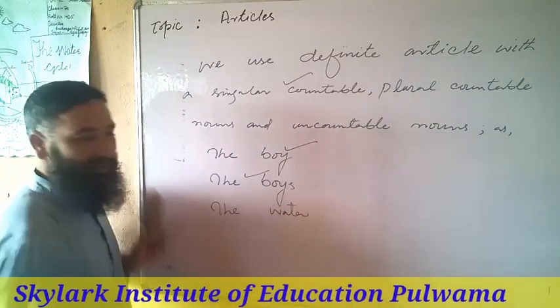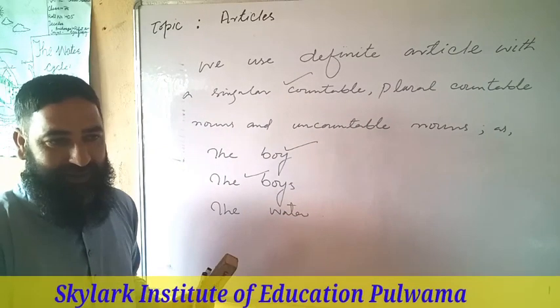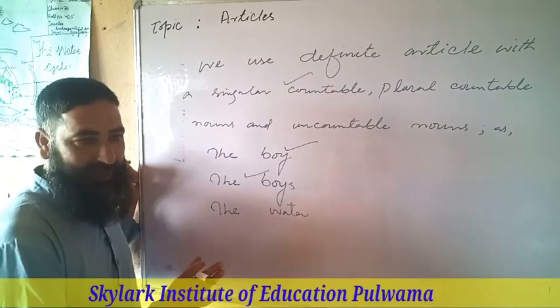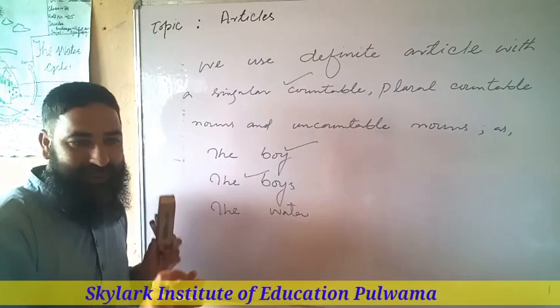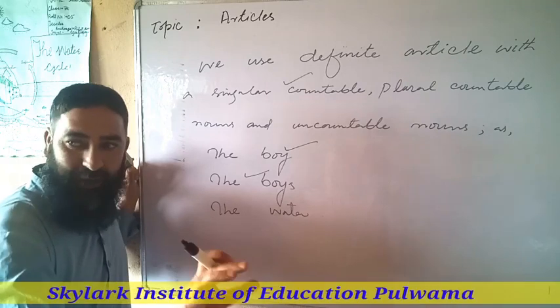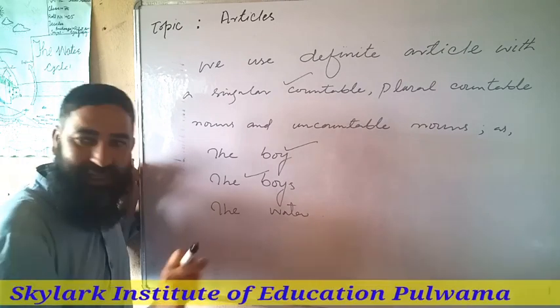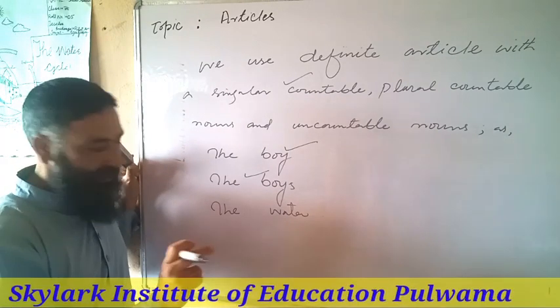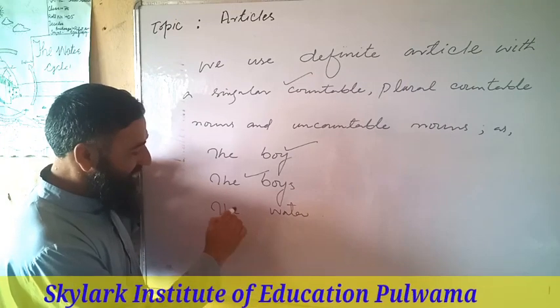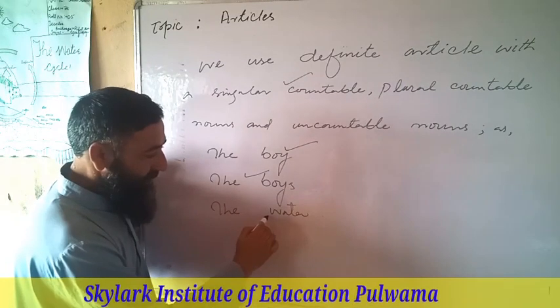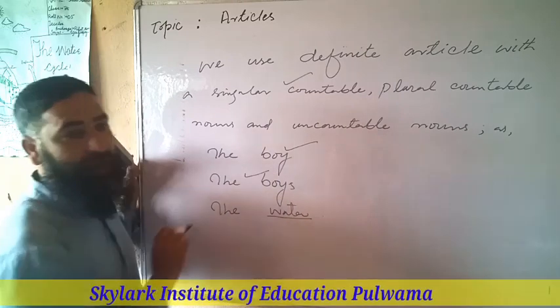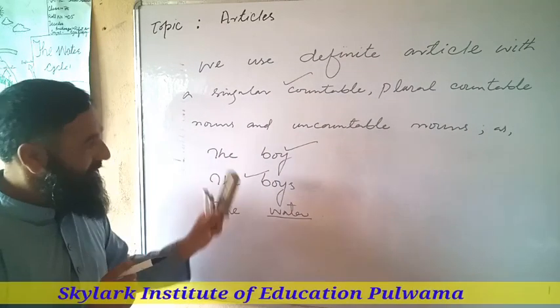This doesn't mean just any water. For example, if you say the water in the jug, it becomes the particular water, all the water that is there in the jug. So you can also use the with uncountable nouns.